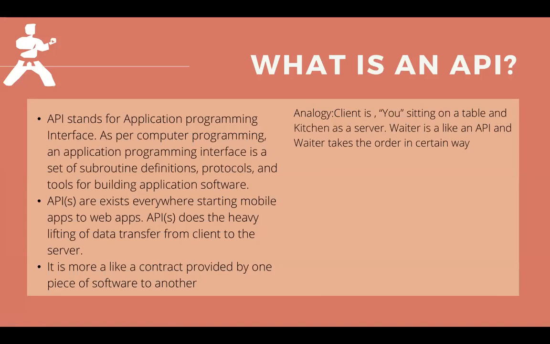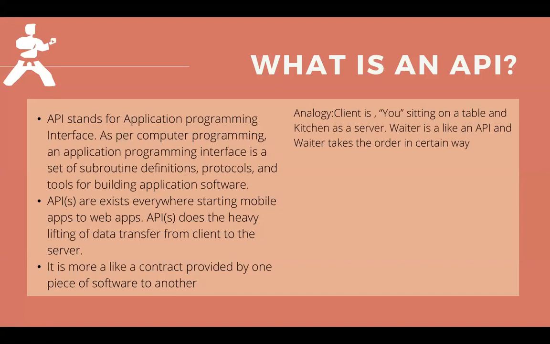Now, how do APIs help in building software applications? APIs do a lot of heavy lifting, as I mentioned. As you see in the slide, it does the heavy lifting of data transfer from client to server. In a typical application like Amazon.com, you log in and make a request.